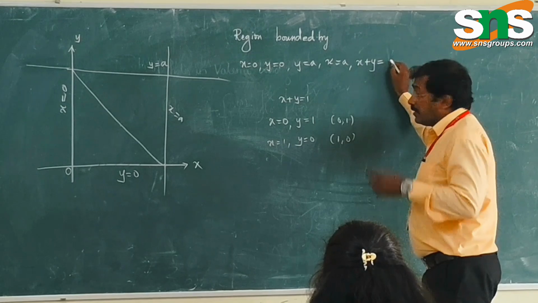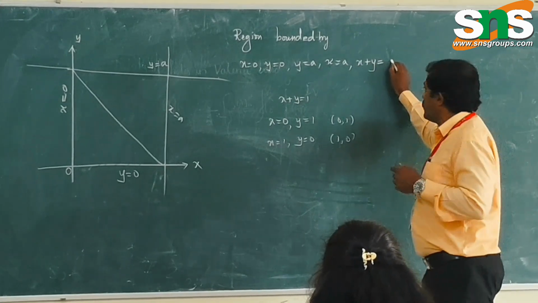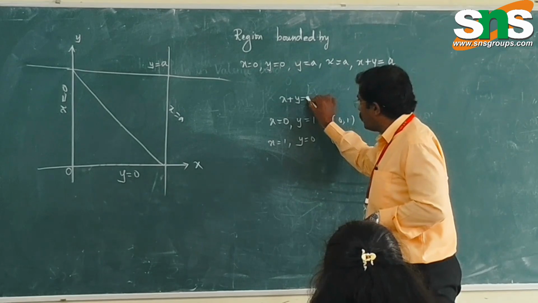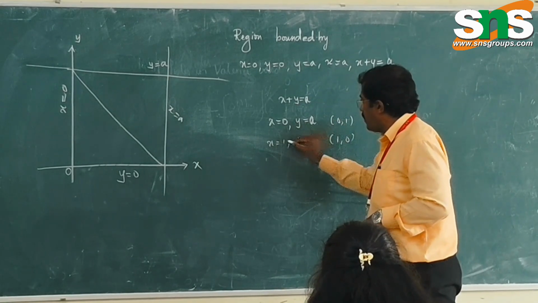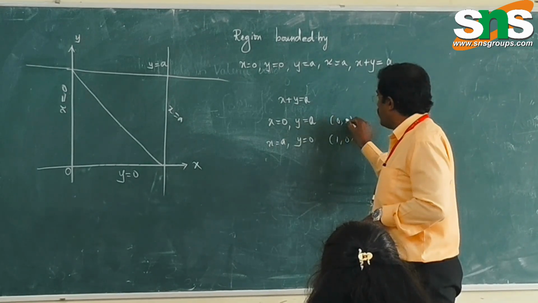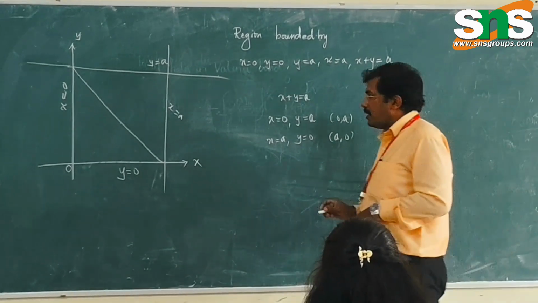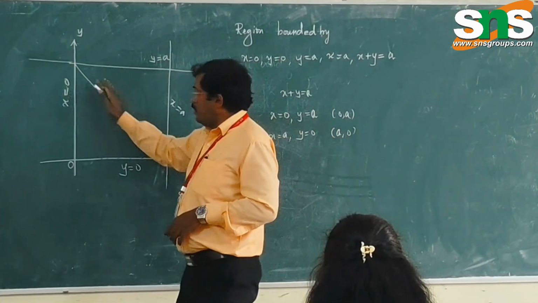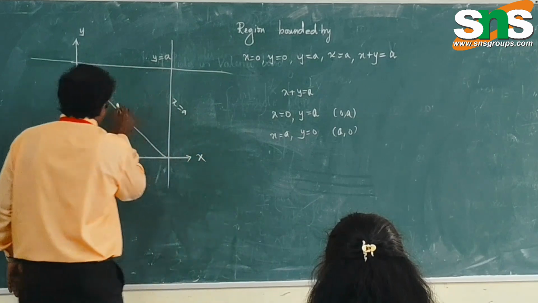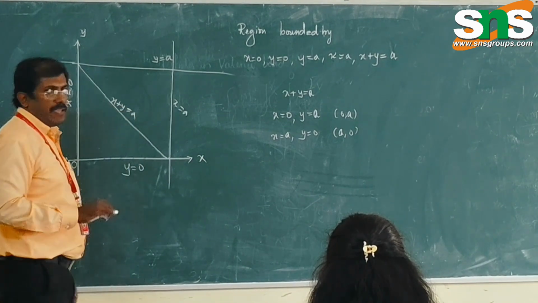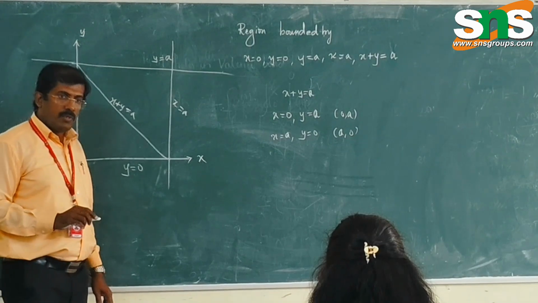Suppose I take this as a. So what value will I get here? Here will be a, and also here will be a. So 0, comma a and a, comma 0. Am I right? So I can draw a line like this, and its equation is x plus y is equal to a.